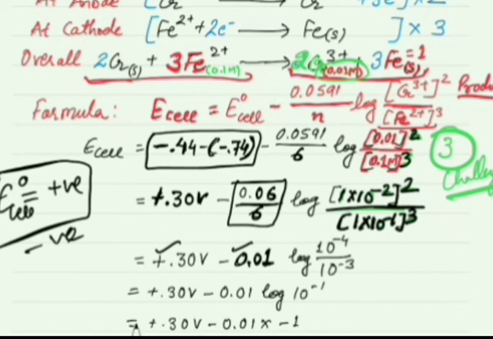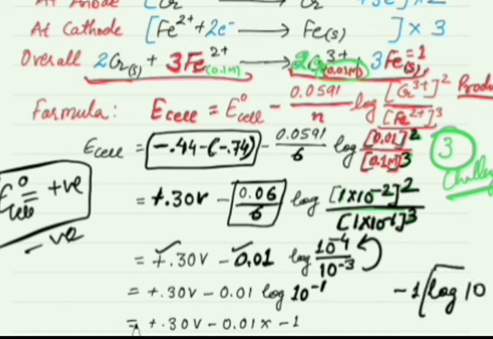And the next thing is the square of 10 inverse 2 is 10 inverse 4, divided by 10 inverse 1 raised to the power 3, कितना हो जाएगा? 10 inverse 3. So ultimately when we solve it, 10 inverse 3 will come in the numerator and it will become 10 raised to the power plus 3. So the resultant value will be 10 inverse 1. So log 10 inverse 1 will become minus 1 log 10.